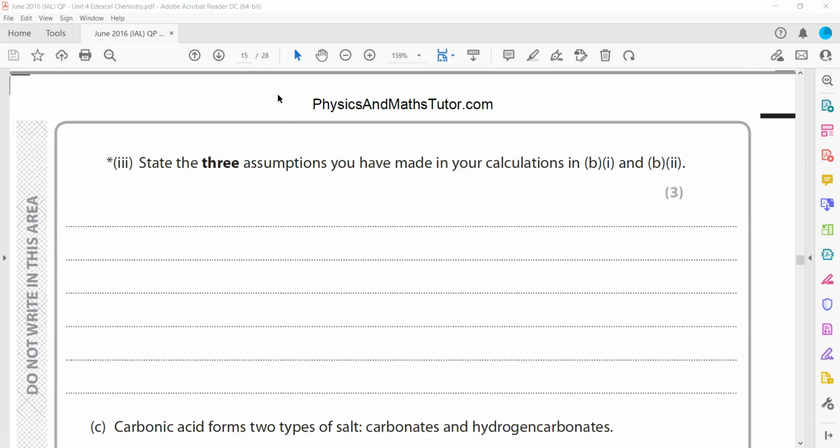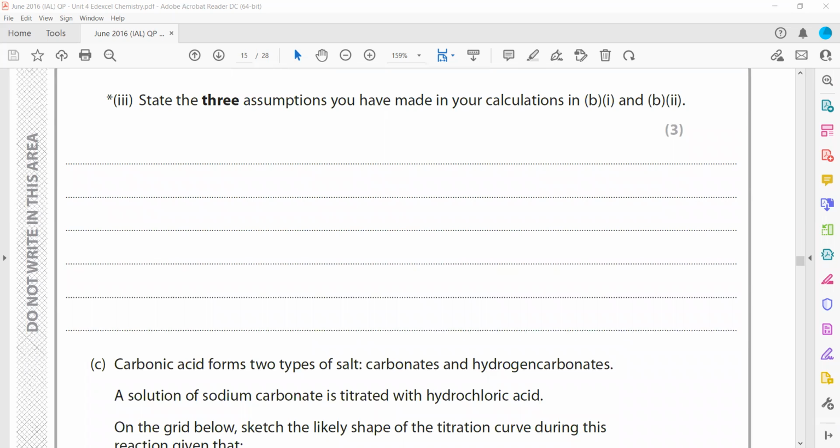Then state 3 assumptions. Whenever weak acids are there, what are the assumptions we make? We assume that the initial acid does not dissociate significantly. At equilibrium, the concentration of carbonic acid is the same as the initial concentration. Practically, it won't be. Second, we assume the hydrogen ion present in the solution is all coming from the acid, not from water.